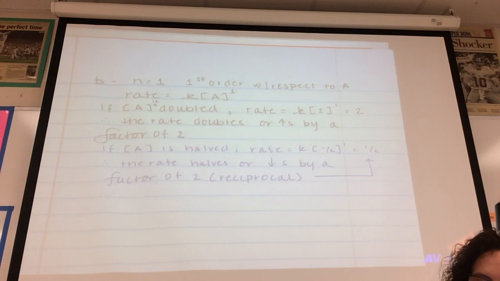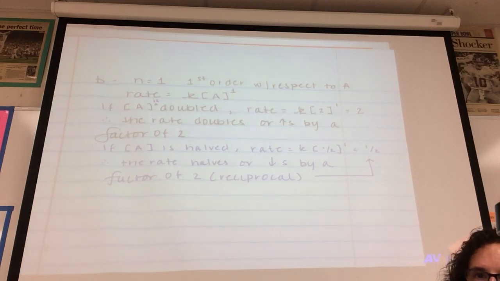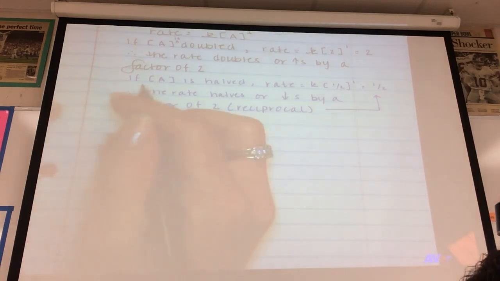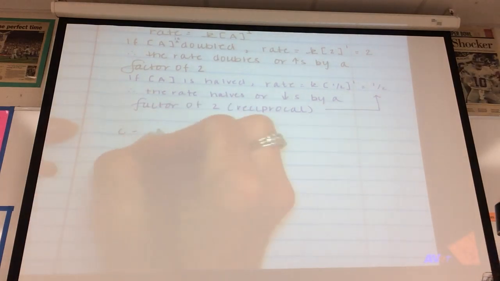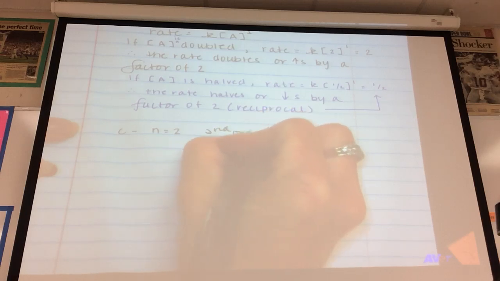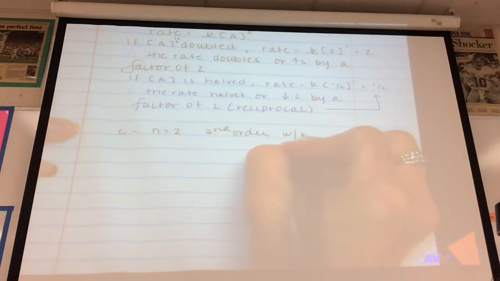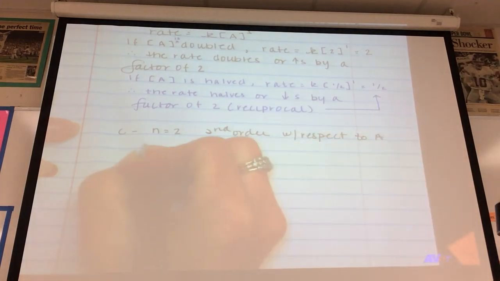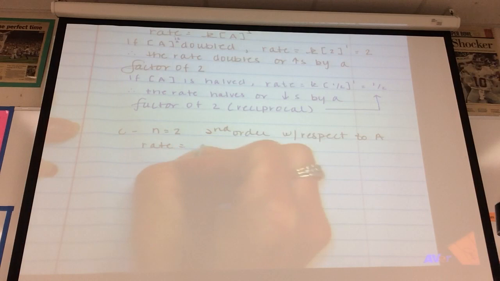So that's first order. And then last, let's say if n is 2, that's second order with respect to A, so the rate would be equal to k, A squared.